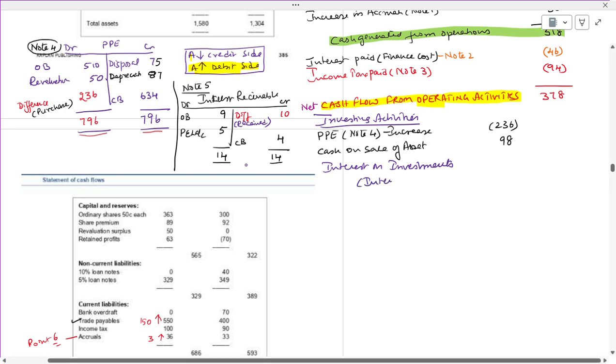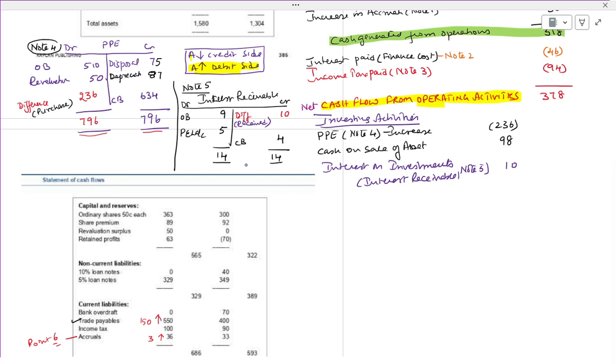Interest receivables. Note 5. How much? 10.